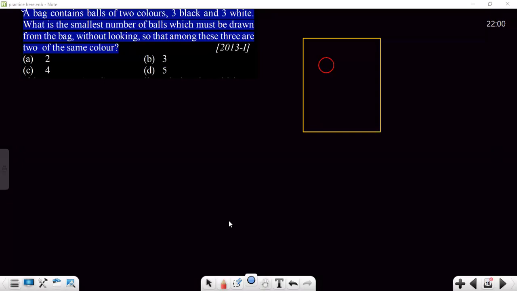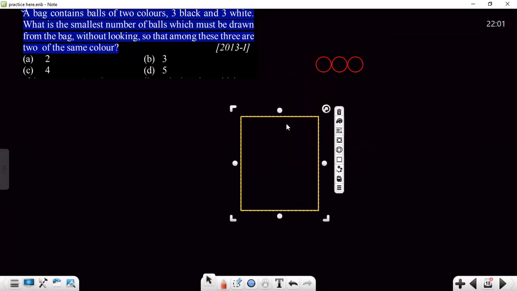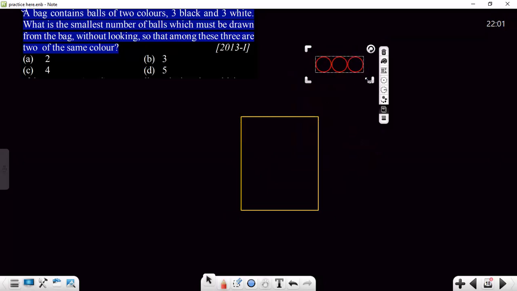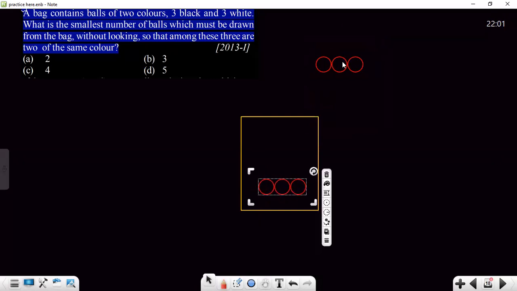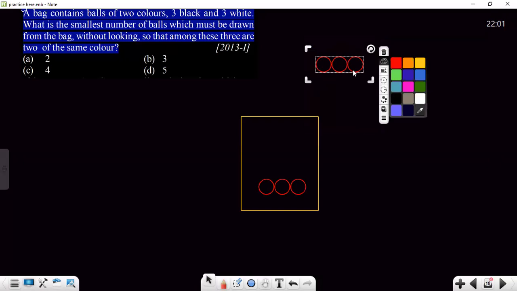Okay, so this is one ball, another ball of the same color, another ball of the same color. Okay, and we are also having three more balls of a different color, let's say green color.